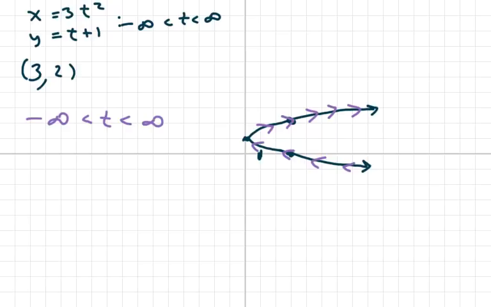So basically what you're doing is you're plugging in values in here, like -1, -2, 0, 1, and 2, and you get the orientation of the curve. And when you plug those in, you'll get this orientation of the curve here.